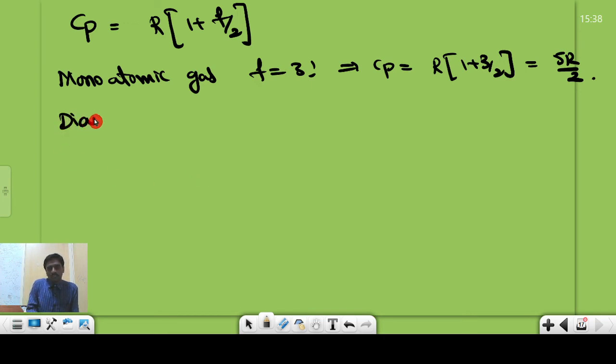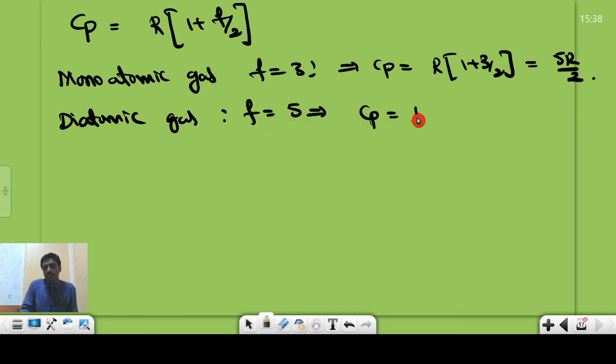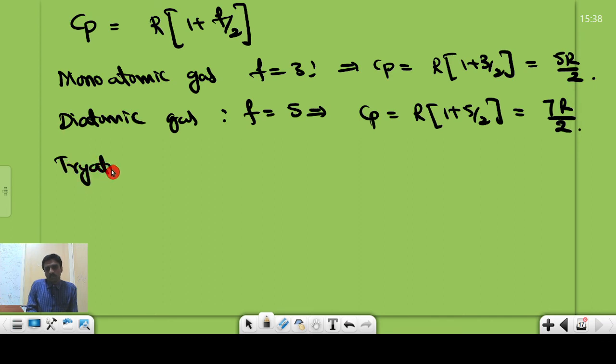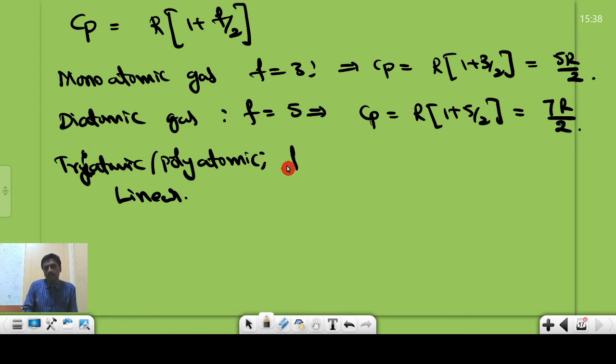Now diatomic gas. For diatomic gas, the degree of freedom F value is equal to 5. Then Cp is equal to R into 1 plus 5 by 2, that is equal to 7R by 2. This is the value for the diatomic gas. Now triatomic or polyatomic gas for a linear system: the degree of freedom F is equal to 5 only.